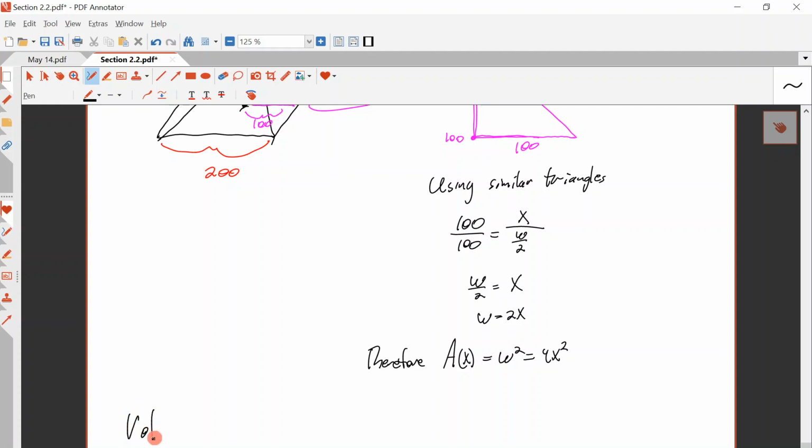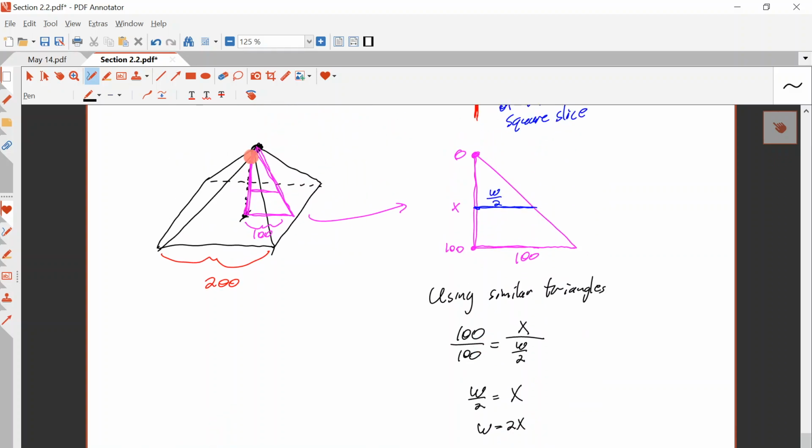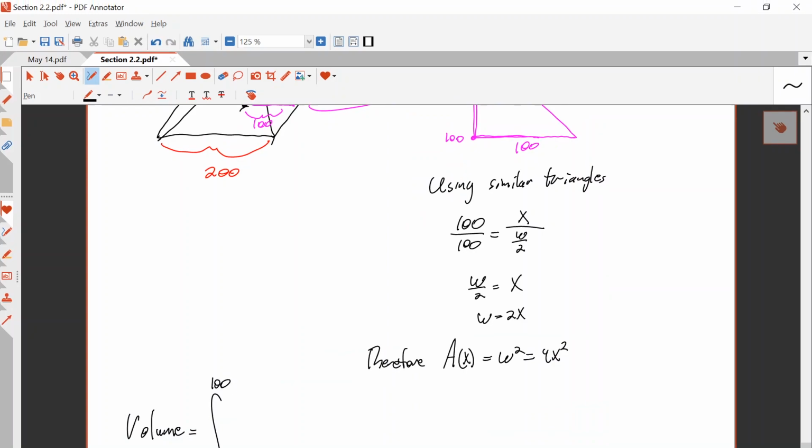So the volume of the pyramid is the integral from 0 to 100. We're going from 0 up here down to 100 down here of A(x) dx. So it's the integral from 0 to 100 of 4x squared dx, which is equal to 4/3 x to the third from 0 to 100.